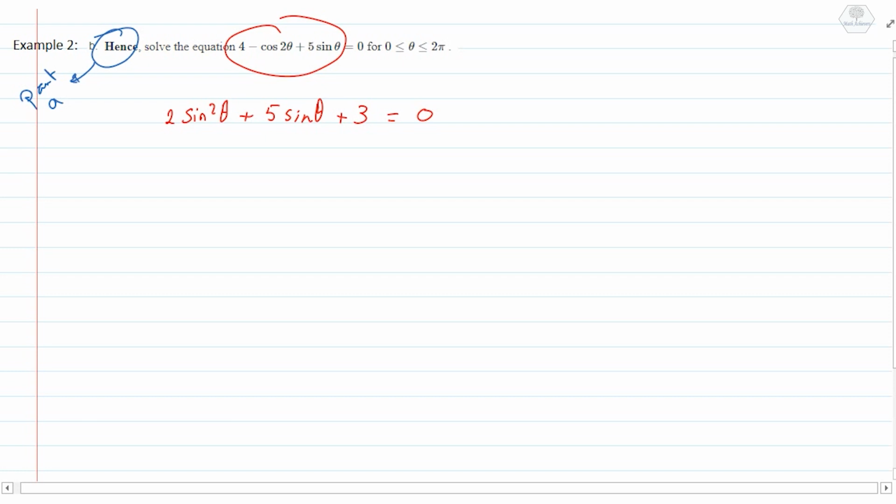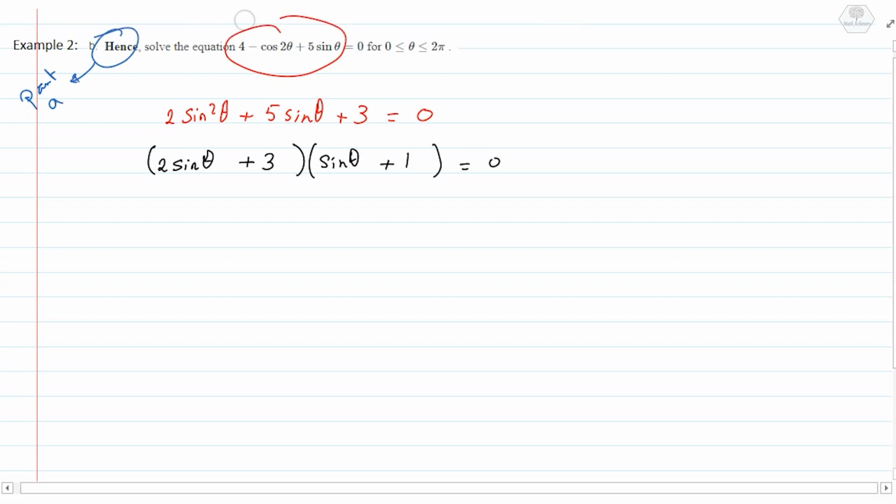I will factorize this simple quadratic trinomial. I'll have 2 sine theta times sine theta, because that gives me 2 sine squared, and I put plus 3 here and plus 1 here. Yes, it's a good factorization.